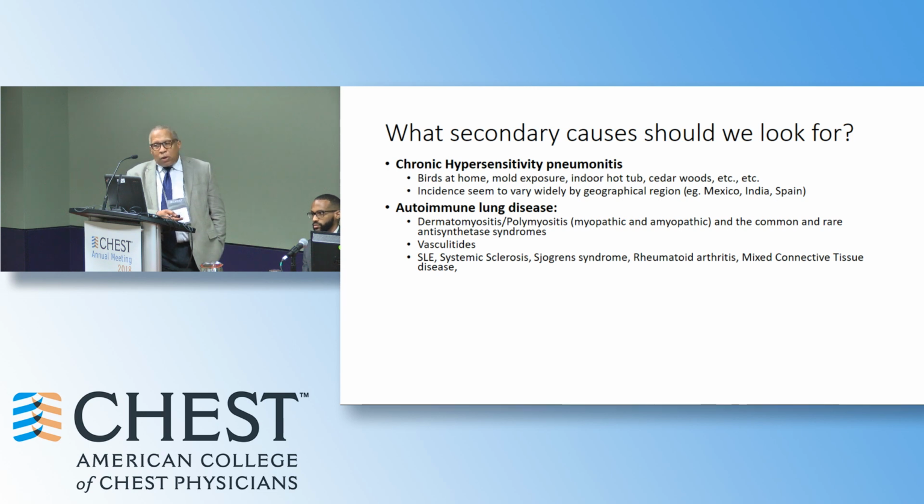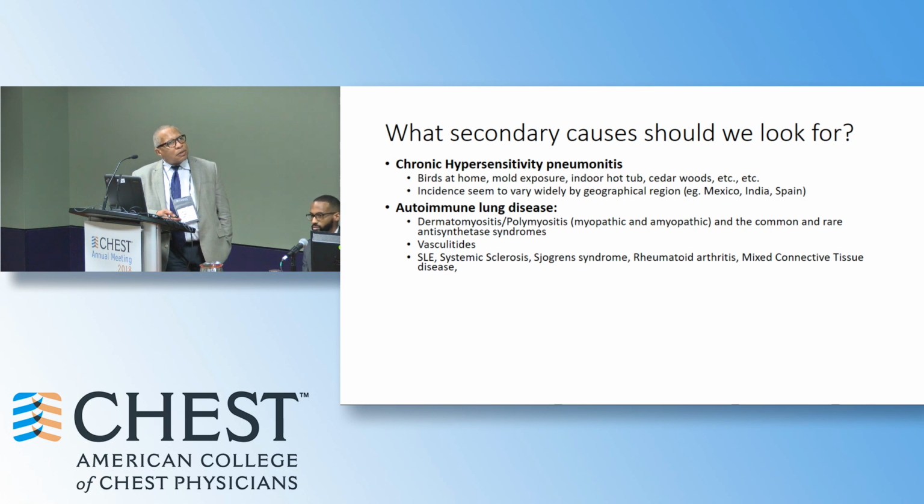Autoimmune diseases are important. This was emphasized in the most recent recommendations, although there was no consensus of opinion as to how far you should go. So we tend to look for everything because we're a referral center that has an interest in autoimmune lung disease.